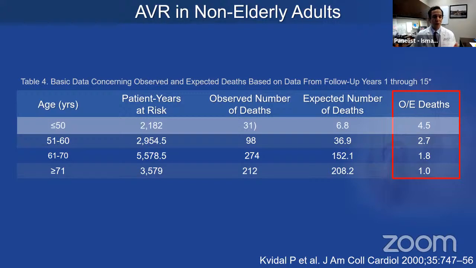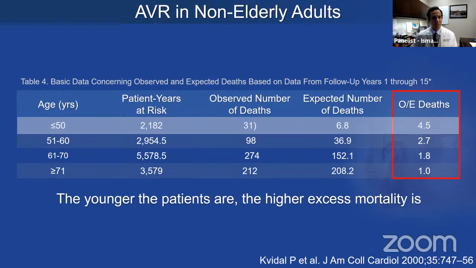In other words, over the age of 70, mortality in the patients after AVR long-term was exactly identical to the age-matched population, whereas in patients under 50, it was 4.5 times higher than would be expected in the matched population. So in other words, the younger the patients were at the time of surgery, the higher that excess mortality is in the long term.